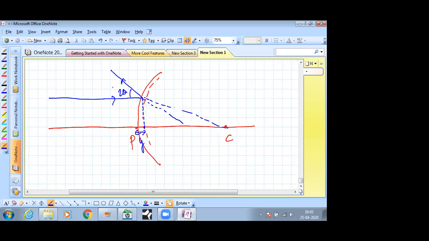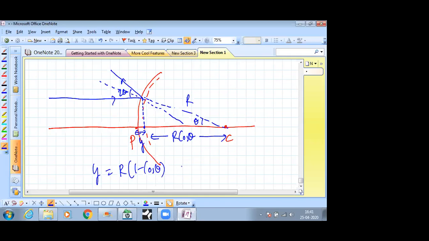Produce this back. This angle is theta. This is r. So this is how much? This is r cos theta. So is that r minus r cos theta? So that distance y is r into 1 minus cos theta, like that.